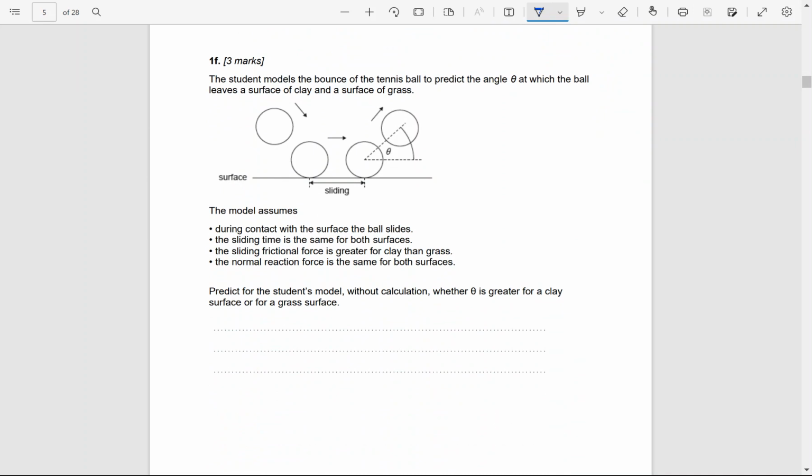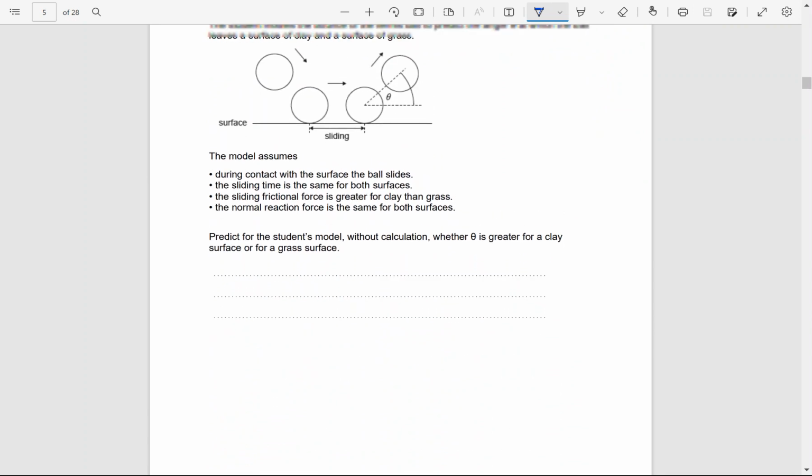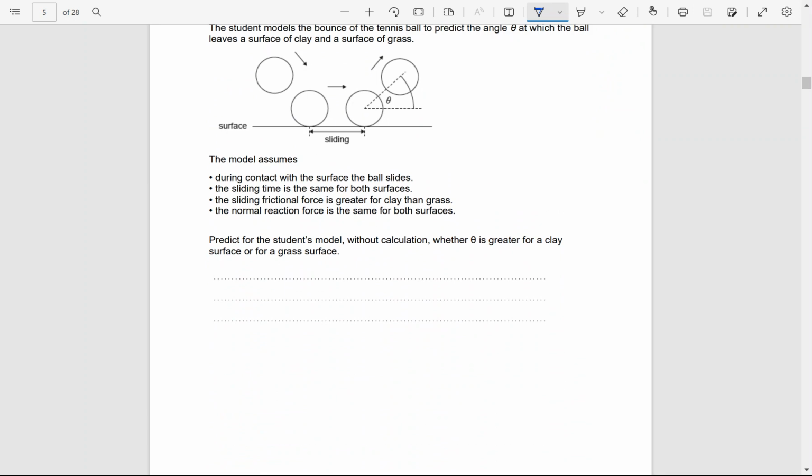For 1F, a lot of people got 1 mark. Right, so we are told that the normal reaction force is the same for both surfaces.